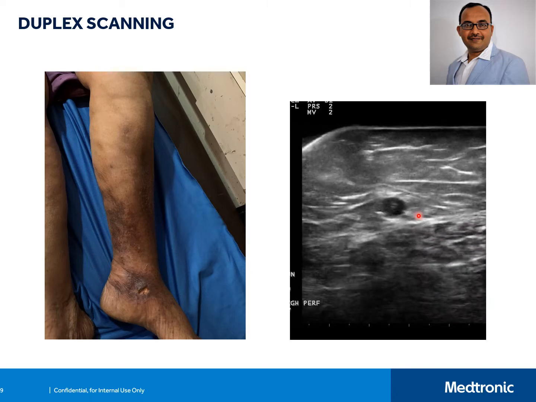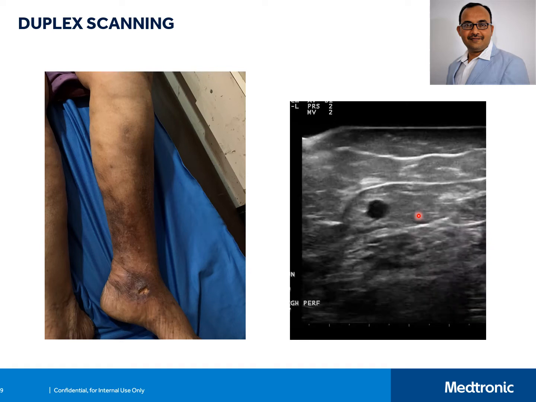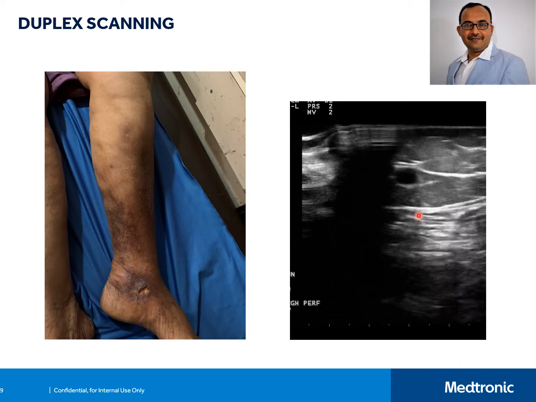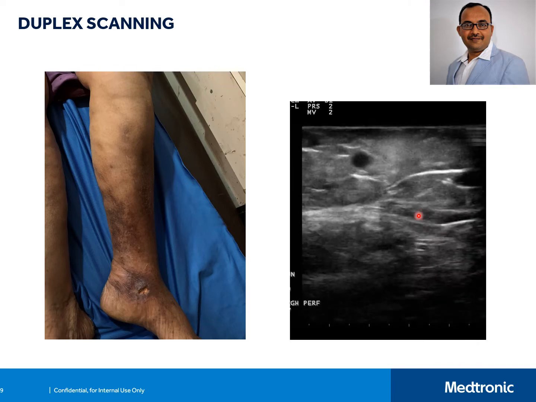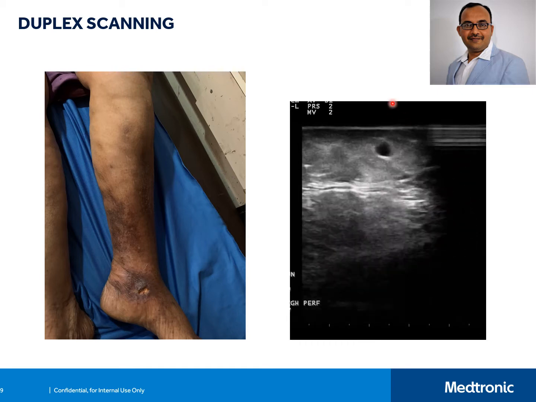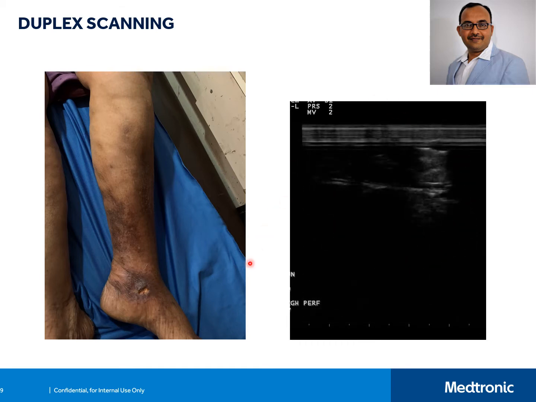Later, after the mid GSV, the GSV shows reflux and gives varicosity in the distal thigh region. But surprisingly, the report given by the sonologist is normal because he only evaluated the junction. There was no reflux in the junction, so he gave the report as normal.